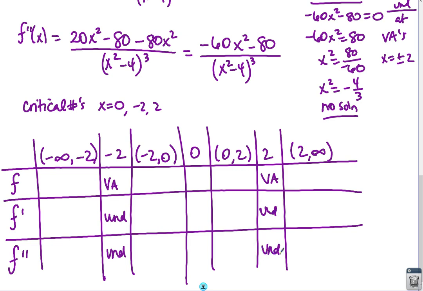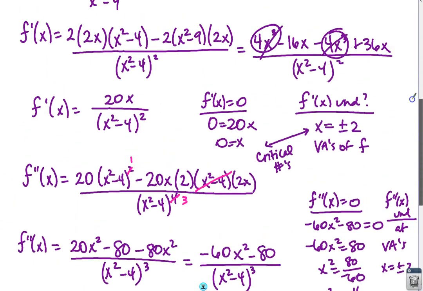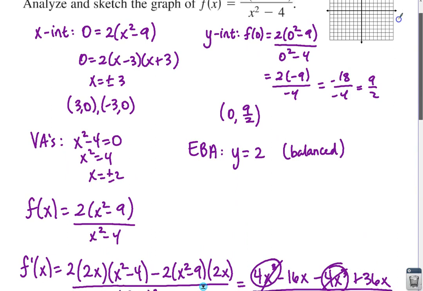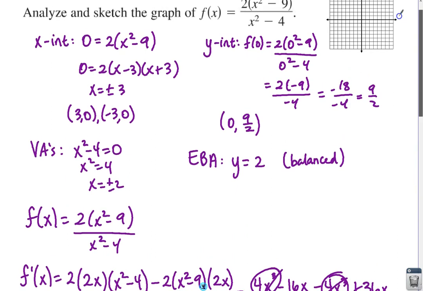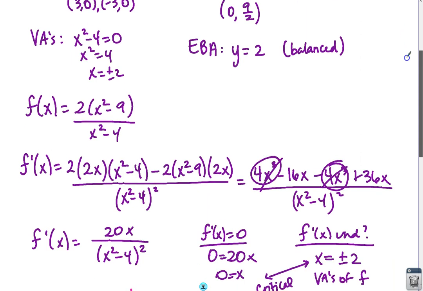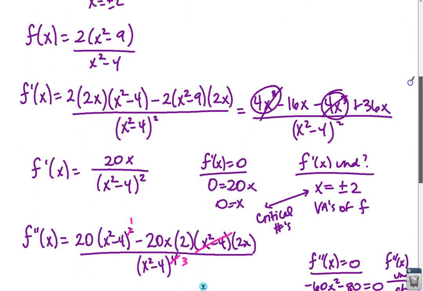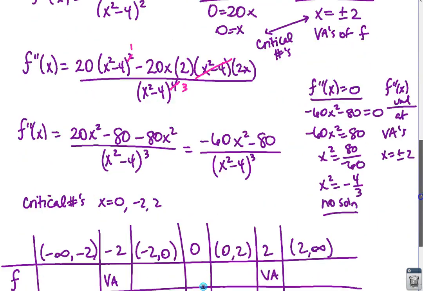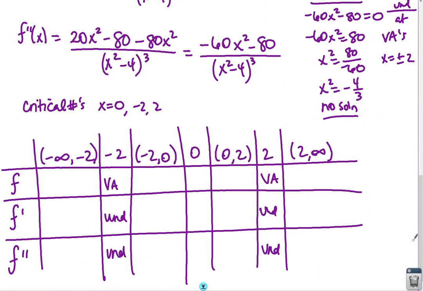Now, when x was equal to 0, if I recall correctly, you scroll up for a second here, when x was equal to 0, not only is that my y-intercept, but that was where my derivative was equal to 0. Because that's my y-intercept, I can go ahead and write 9/2.